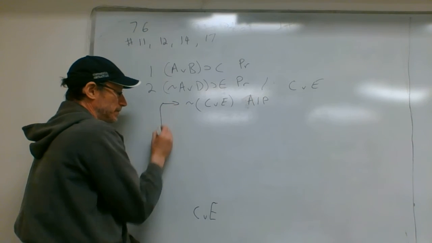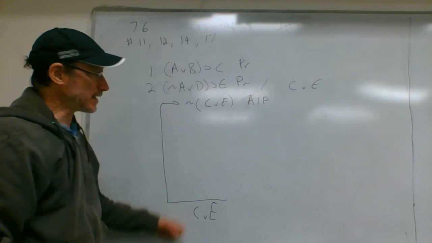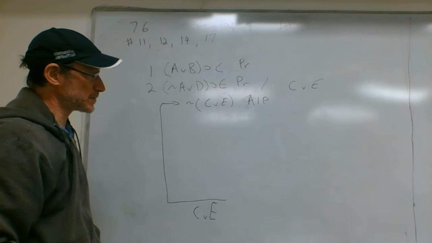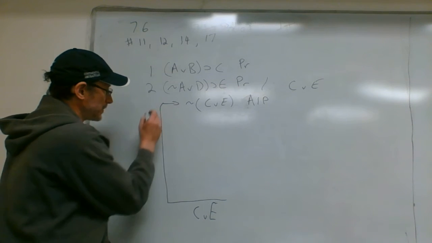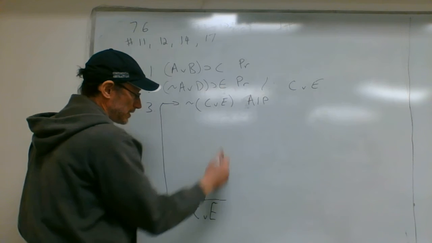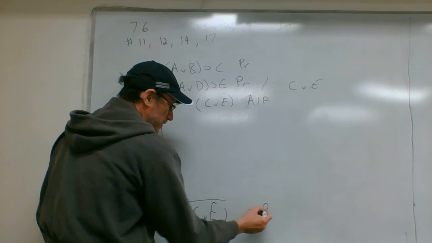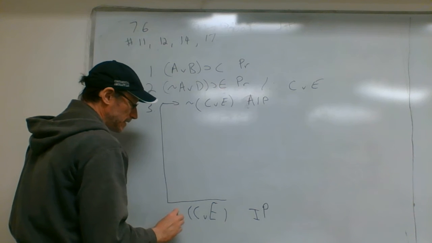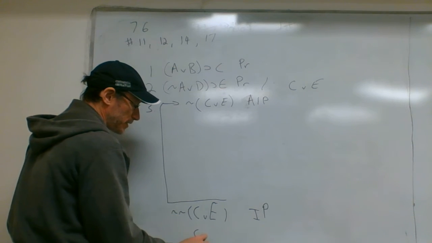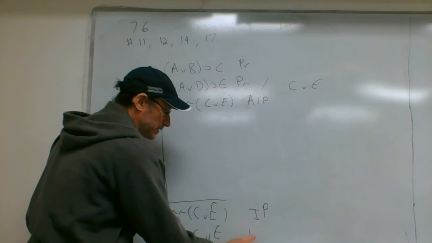I'm going to hopefully be able to get to a contradiction of some sort. Might not be enough room in here for these steps, but let's see what happens. This is going to be step 3. I'm assuming the negation of C wedge E, and then what I would get by indirect proof is not not C wedge E, and then I would get the C wedge E by a double negation.